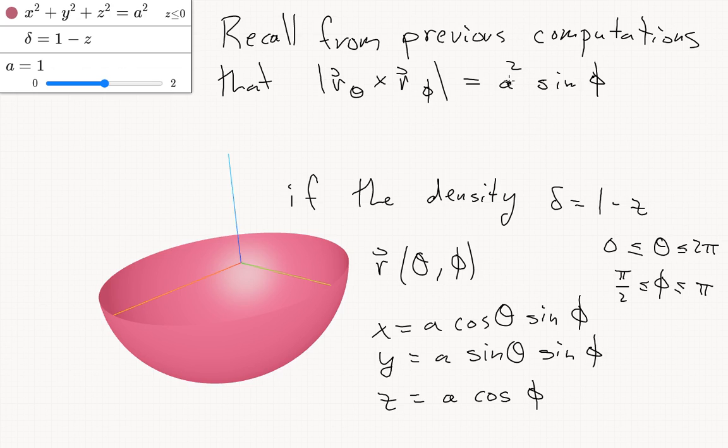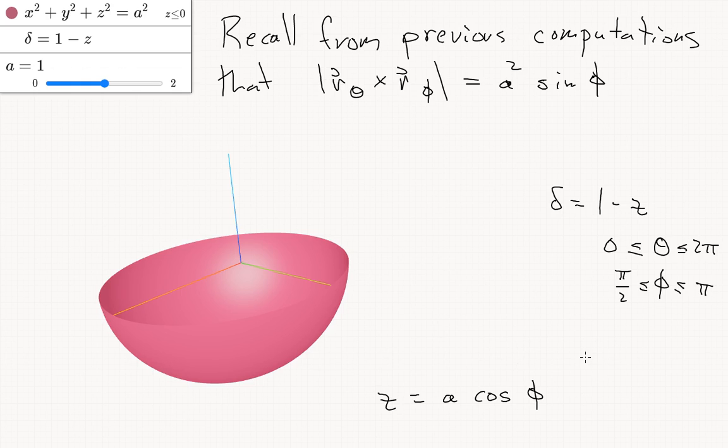And even if you'd only done this in the case of a unit sphere, so a equals 1, you could deduce this formula by saying, well, if we scale everything by a factor a, then the area should scale by a factor of a squared. Okay, so we have the surface area differential.